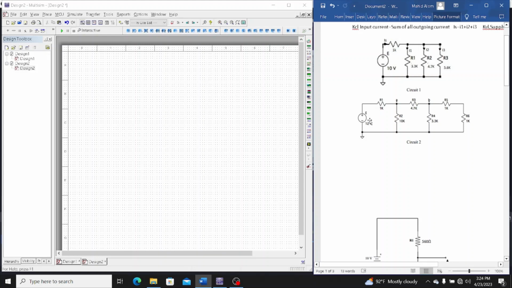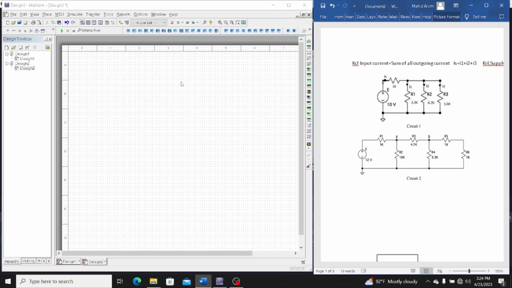Here, if Vs is the supply voltage, then V1 plus V2 plus V3 plus V4 plus V5 plus V6 is equal to Vs, and this is KVL. Now we are going to draw this circuit in Multisim and check Is, I1, I2, I3.